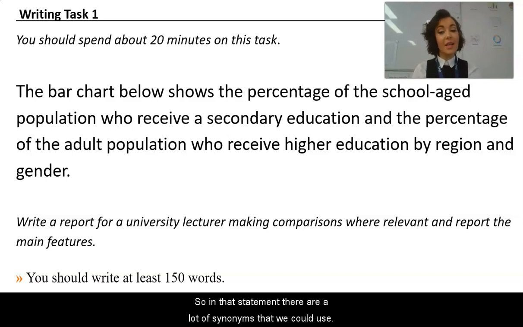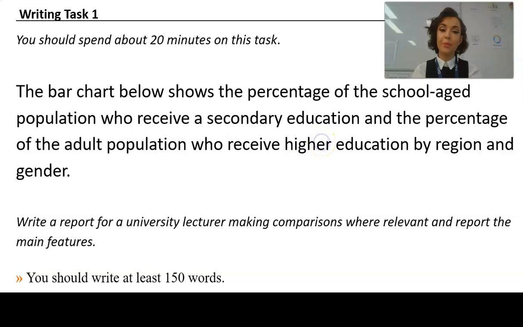So in that statement, there are lots of synonyms that we could use. The best thing to do is focus on the nouns and use a thesaurus. For example, the word shows, you could use the synonym reveals.